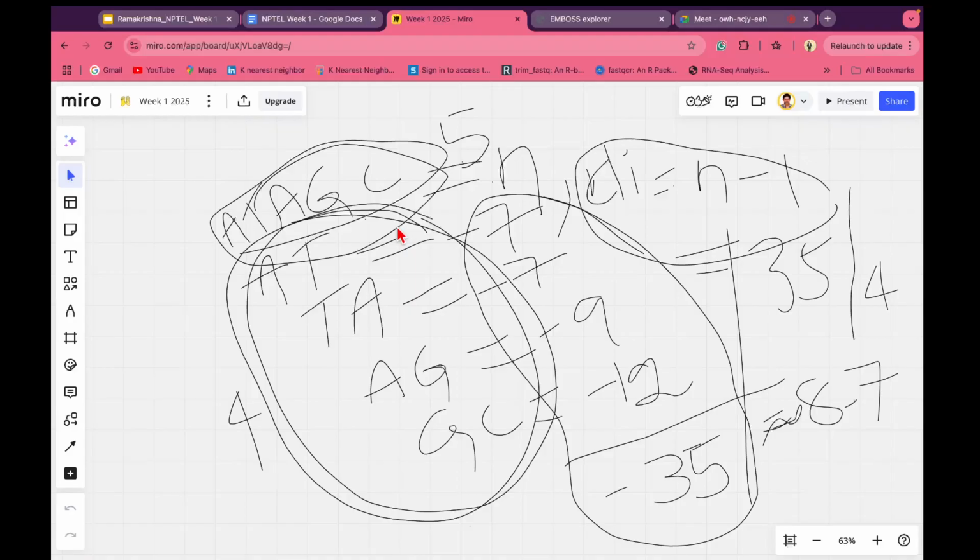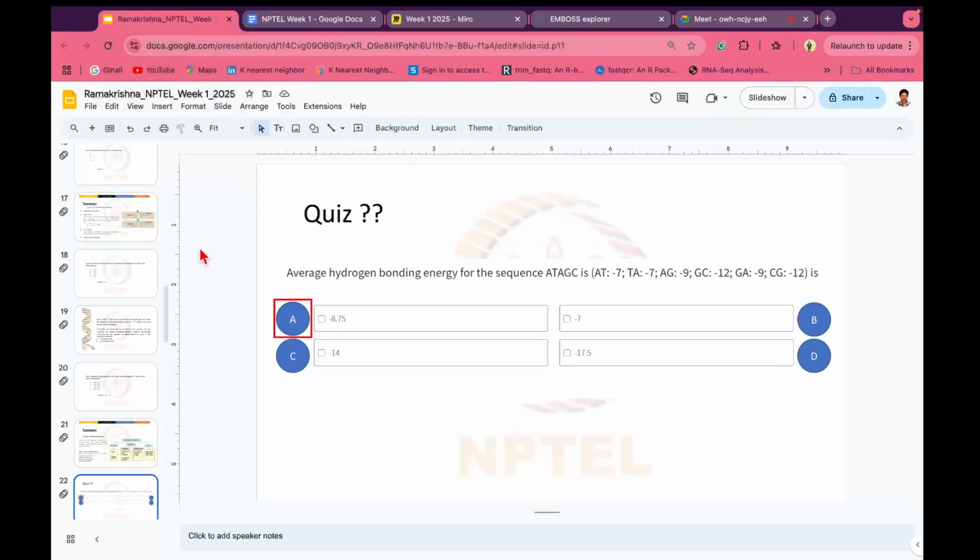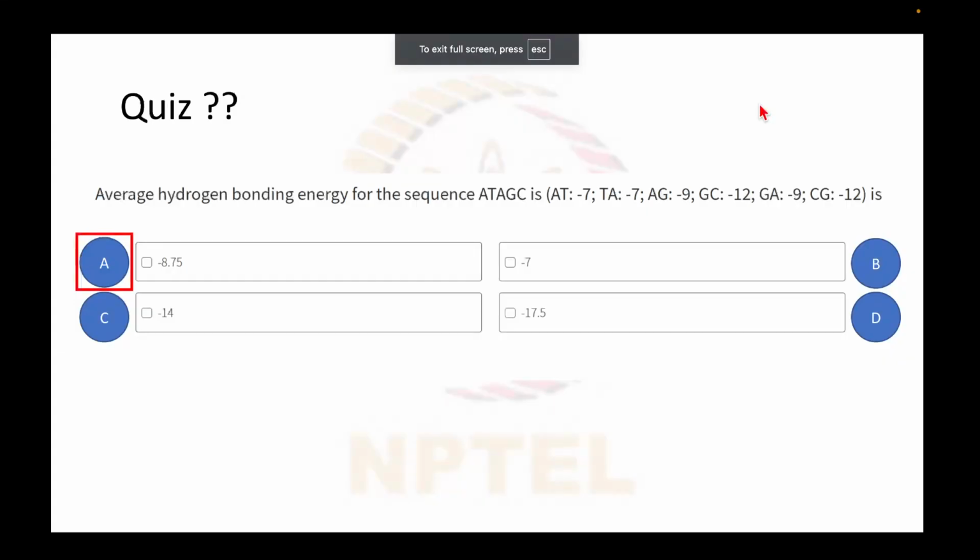Given the number of dinucleotides you can observe for a given sequence length n is n minus 1, so the number of trinucleotides we observe is exactly n minus 2. So here the answer is minus 8.75.